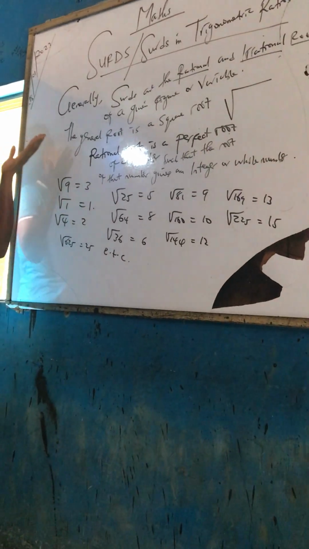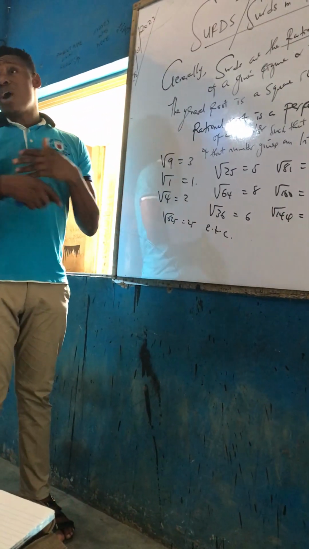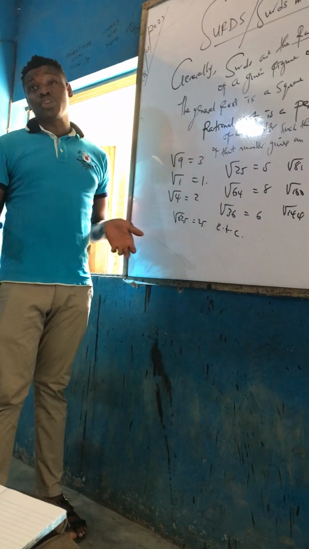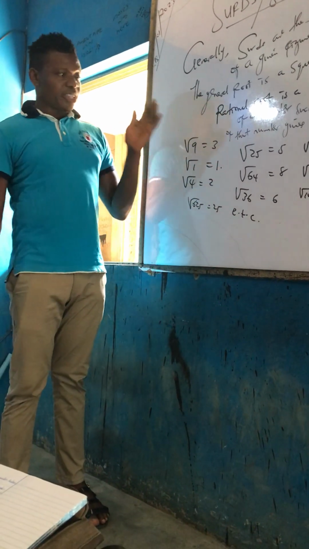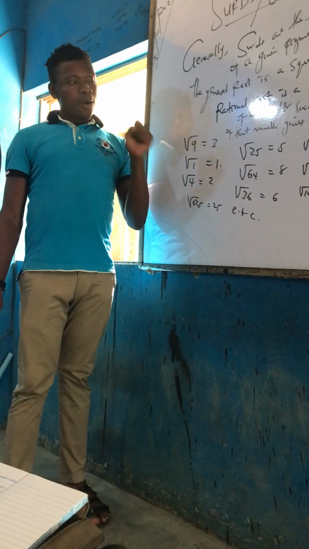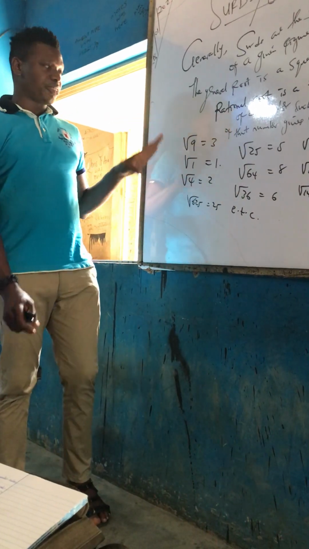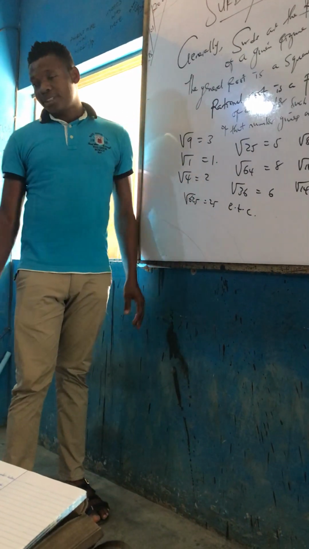So this is what I mean by rational roots. In one word, you can just call it a perfect root of a number. You take the root of that number, it must give you a whole number, integers, as you can see up on the board.